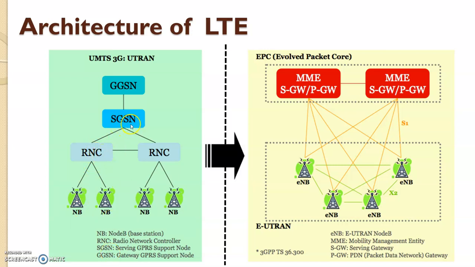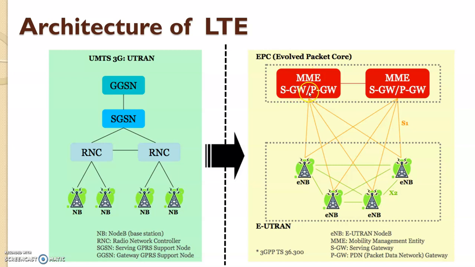SGSN is called serving GPRS support node. GGSN is gateway GPRS support node. On the right hand side, you can see eNB is called EUTRAN node B. MME is mobility management entity.